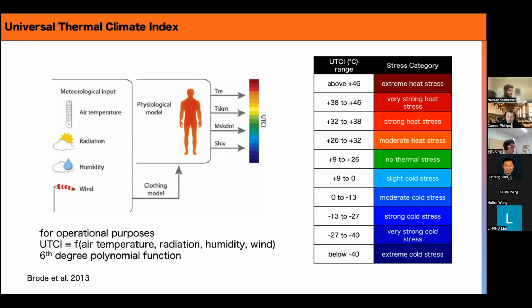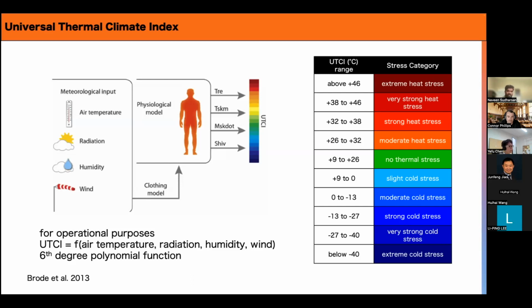These scientists have run several simulations using this physiological and clothing model. So they came up with an empirical equation because you may not be able to do these simulations all the time when you forecast something. The empirical equation feeds in just air temperature, radiation, humidity, and wind. It's a big equation, a six-degree polynomial.